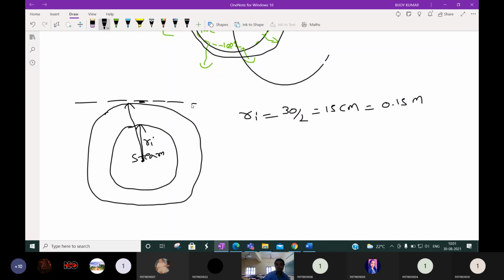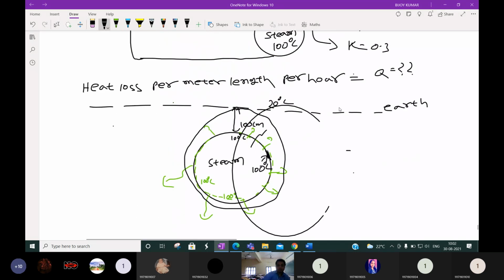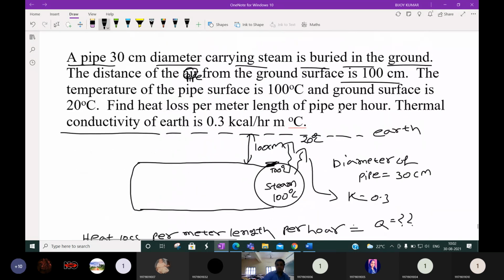This is the earth surface, so this is the outer radius. What will be the outer radius? 100 divided by 2? No, that is the tricky thing. It was given in the question.